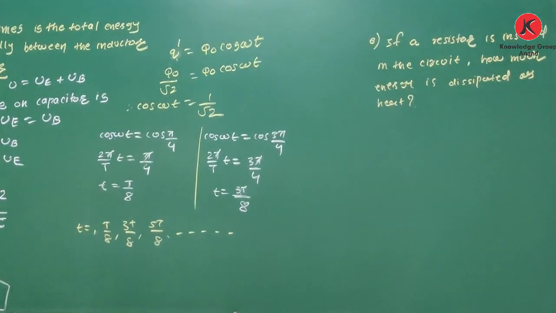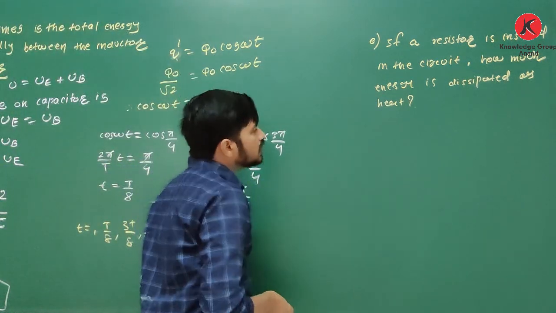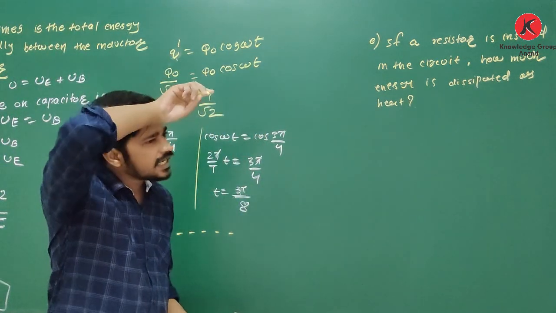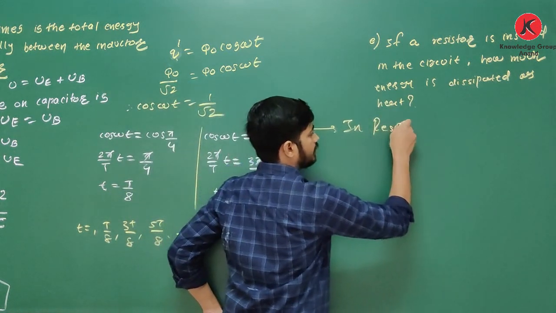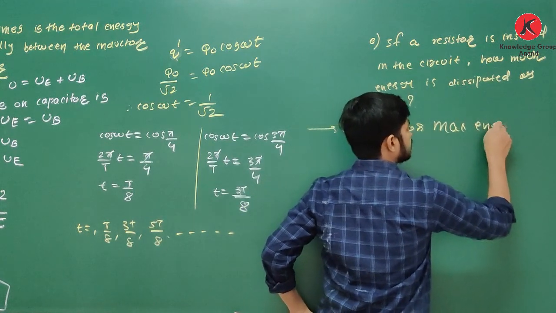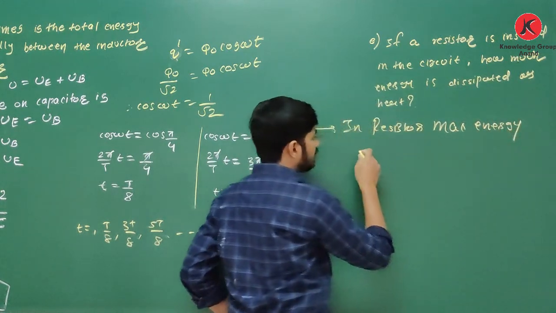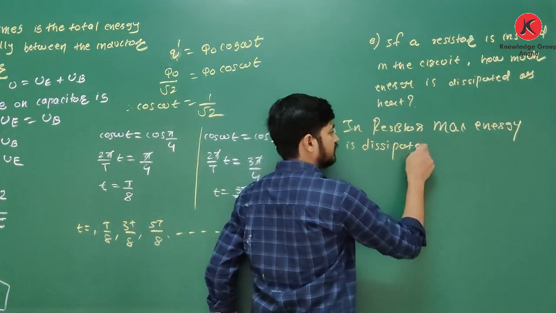Now the next question. If a resistor is inserted in the circuit, how much energy is dissipated as heat? In the resistor, maximum energy is dissipated.